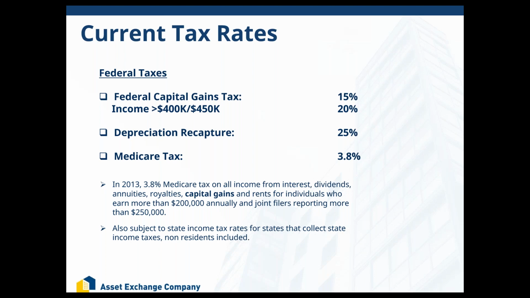Even though he was a Florida resident, it didn't matter to California. They still wanted their state income taxes. But again, he was doing the 1031 exchange, so what they required him to do to get out of having to pay those state income taxes was complete this form, the state of California form. He had to submit it to the state, and that's how he got out of having to pay the state income taxes.